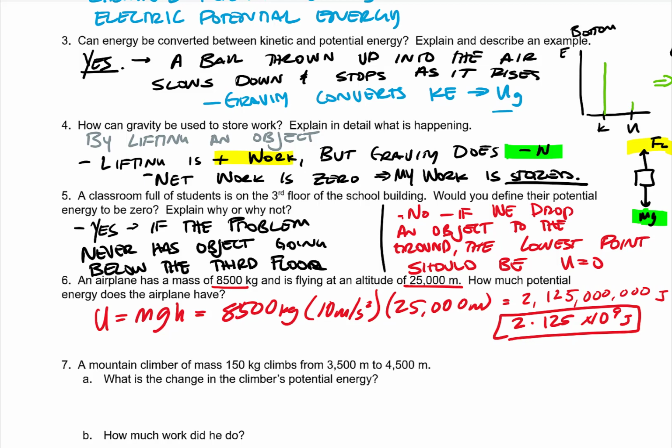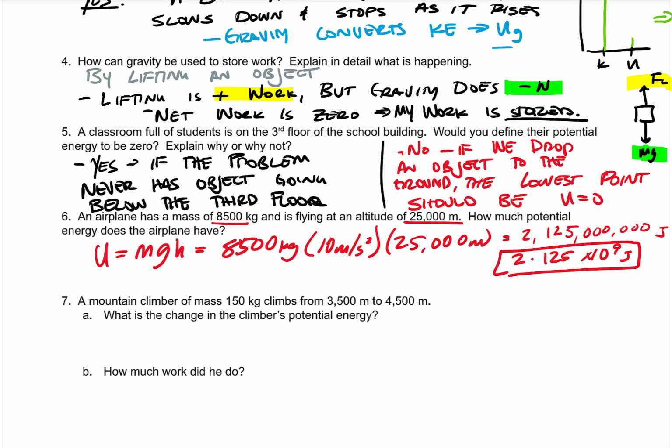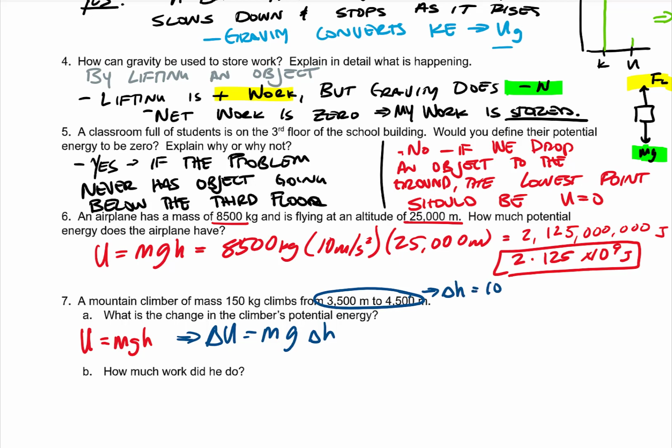All right, a mountain climber has a mass of 150 kilograms and climbs from 3,500 to 4,500 meters. What's the change in the climber's potential energy? Well, if potential energy is mgh, the change in potential energy is going to be just the things that change. So we have mg, those things stayed the same, but the height didn't. So our change in height here is 1,000 meters.